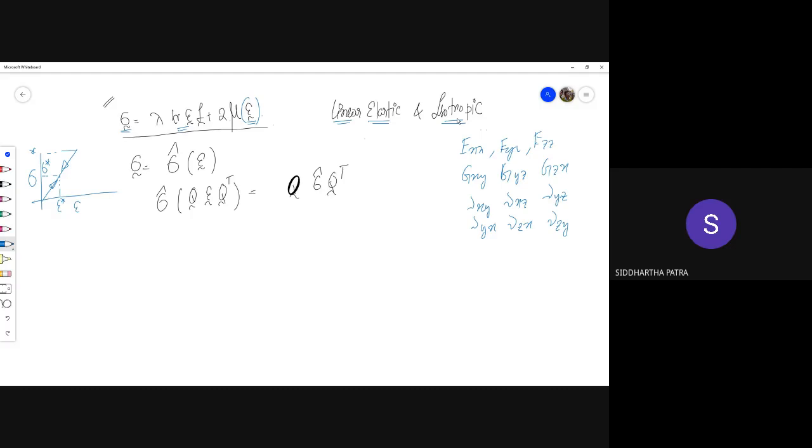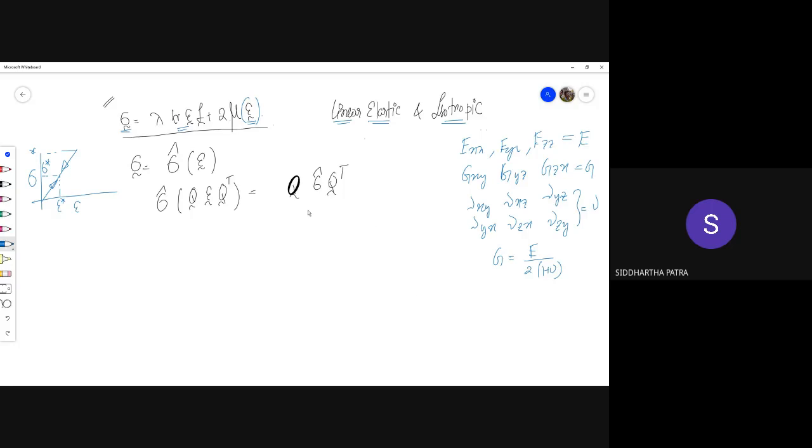Hence the isotropy. In a situation like that, each of these quantities should be equal to one single E, all of this should be G, and all of this should be nu, and this G would be this quantity in isotropy.